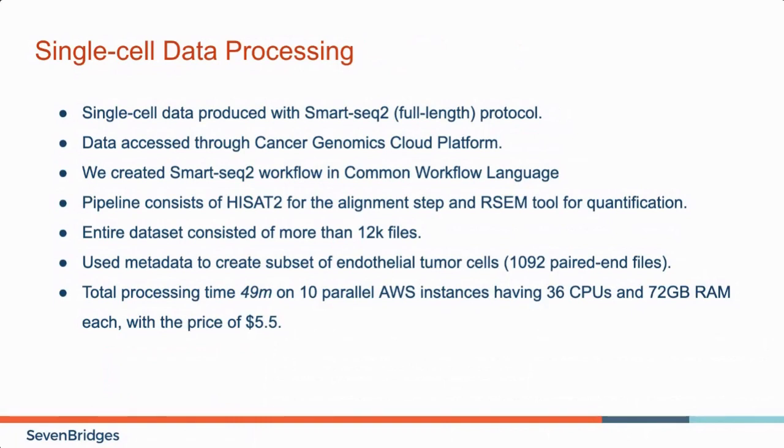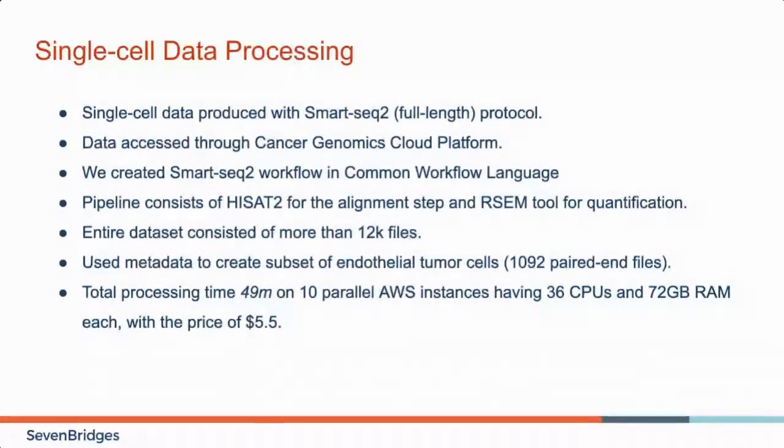And to process FASTQ files, we created an implementation of SmartSeq2 workflow in common workflow language, and we optimized it to be executed on Seven Bridges cloud infrastructure. The original pipeline is created by the data coordination platform of Human Cell Atlas, and it uses HISAT2 for the alignment and RSEM tool for quantification.